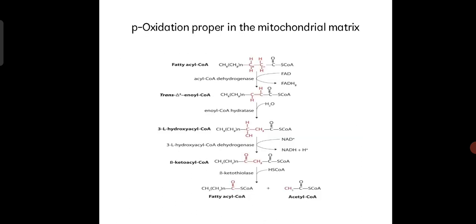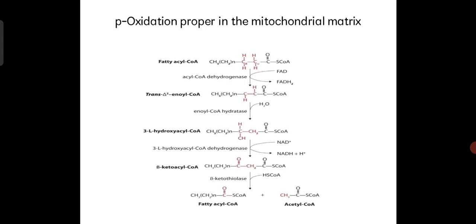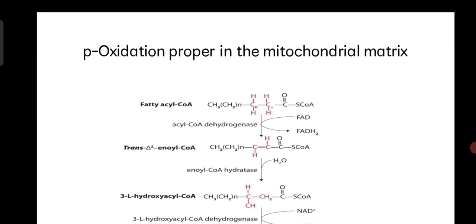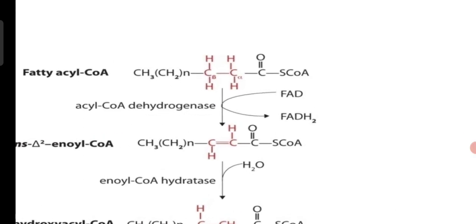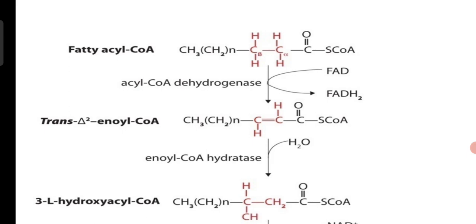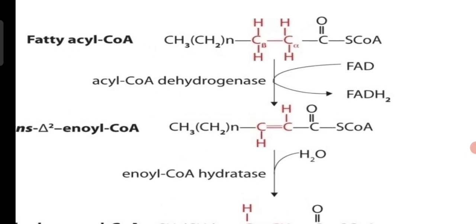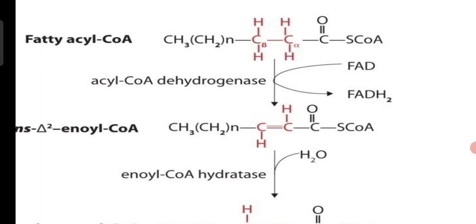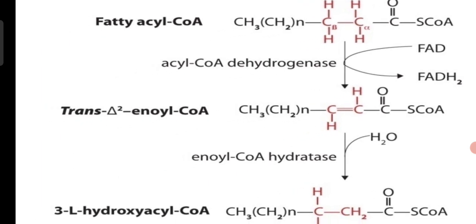Next is the third step, that is a very important step, beta oxidation proper in the mitochondrial matrix. Here you can see we start with acyl CoA. Acyl CoA will react with the enzyme acyl CoA dehydrogenase, and we are getting trans delta 2 enoyl CoA.